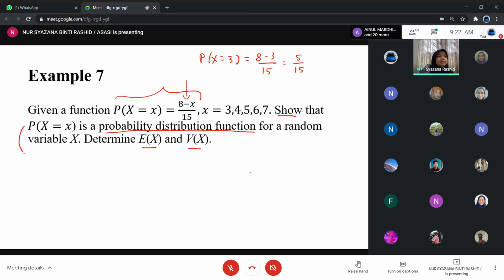You kena apply ataupun you kena guna properties of probability. Okay, apa properties tu? You kena show that this is equals to 1.